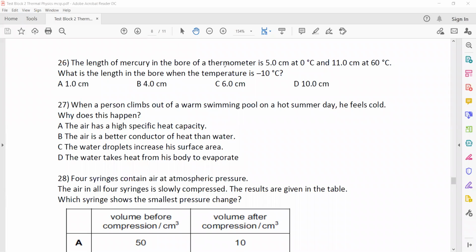The length of mercury in the bore of a thermometer is 5 centimeters at 0 and 11 centimeters at 60. What is the length in the bore when the temperature is minus 10? Basically, first, if this was a capillary, when it is 0 degrees centigrade, it is 5 centimeters above.